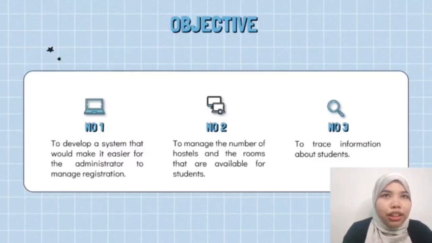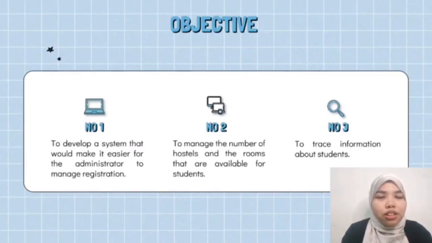Therefore, the admin can view how many rooms availability and they can put the student quickly in the available rooms. And the third objective is to trace information about students. So this can save more time for admin because they can easily access the system if they want to know about the student information such as student name, student email, student phone number, and others.